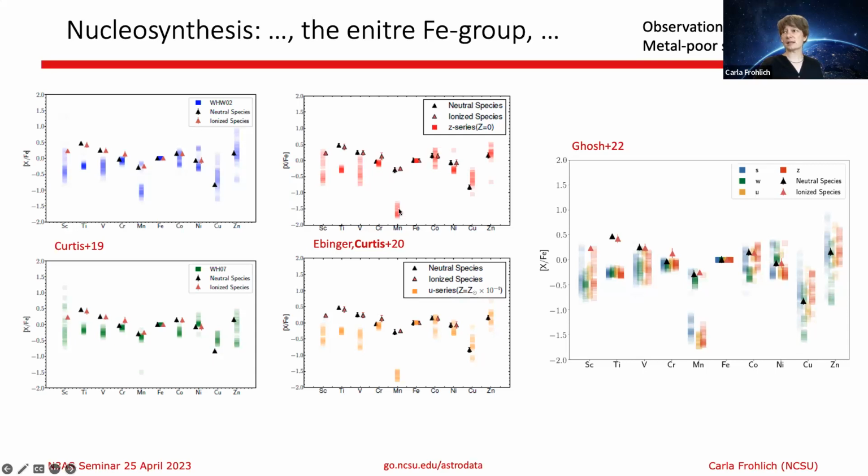So the opacity of these colored bars tells you how many simulations gave a particular yield for an element. And so the one on the right is a little easier to read in the sense that all progenitors are in one plot. And you can see that generally the observations and the simulations match.